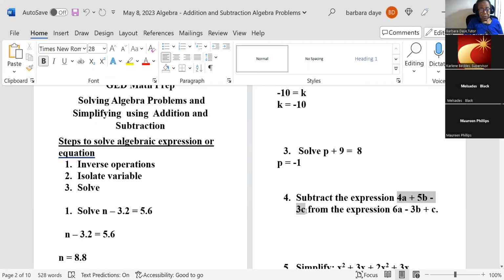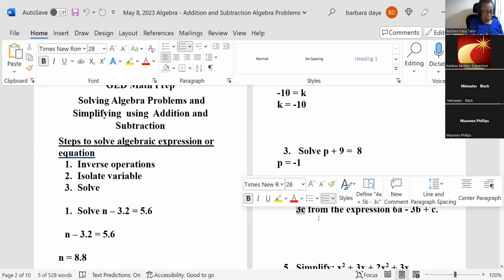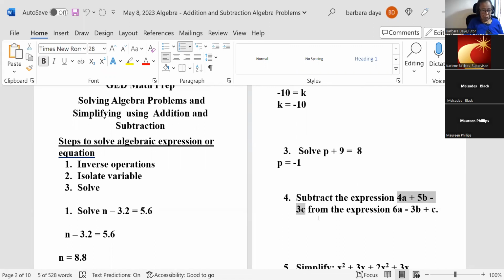4b minus 3c. Okay, so that's the one you're subtracting from, and the one that's being subtracted is this one. So let me just put it here like this. Now you're doing a subtraction, right?